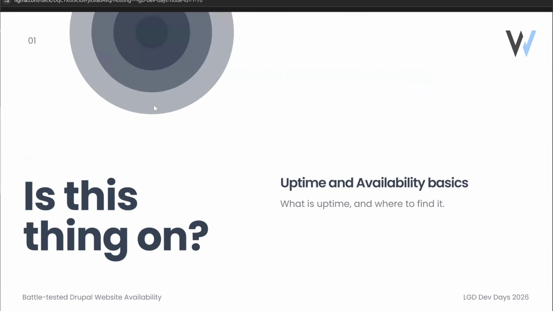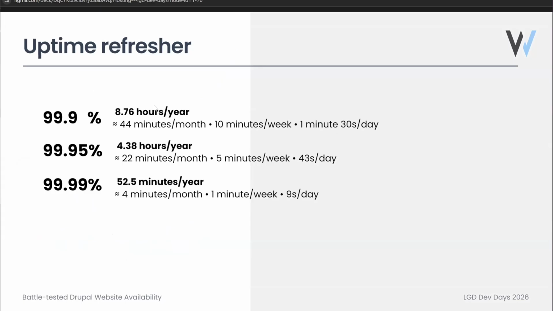So I thought I'd first go through what we are talking about: website availability, uptime. You usually see it expressed as a percentage, maybe in a service level agreement or something like that.